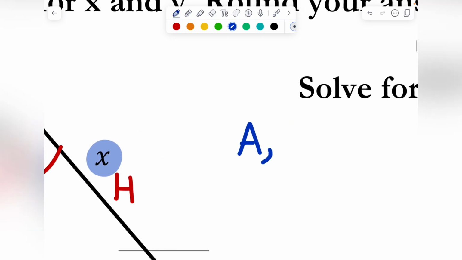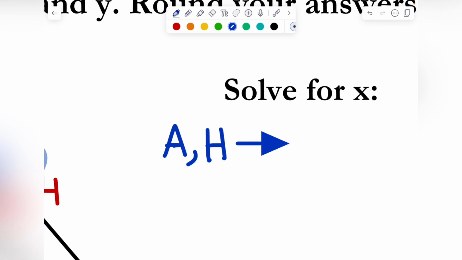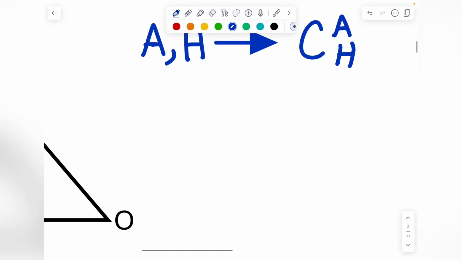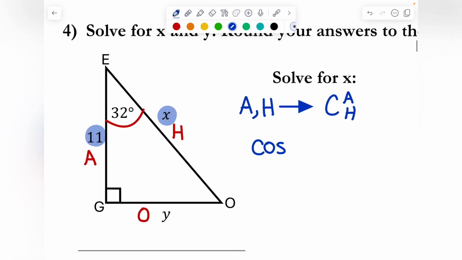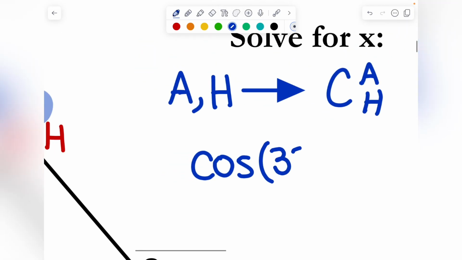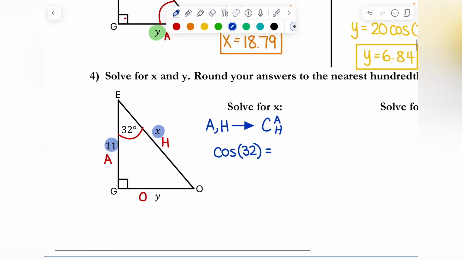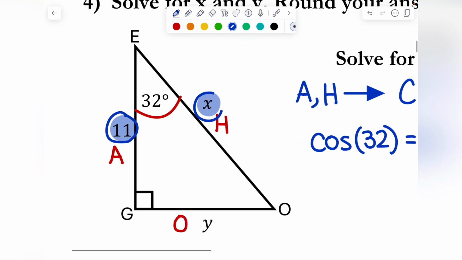Adjacent, hypotenuse. That's cosine. So I'm going to do cosine of the angle. This time the angle is 32. Equals adjacent over hypotenuse, 11 over x.